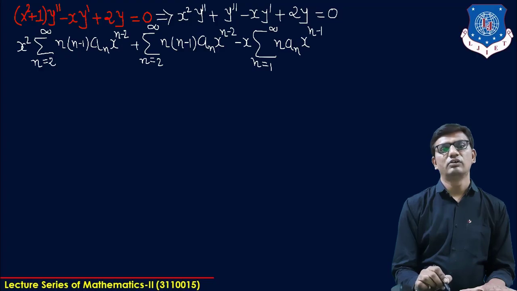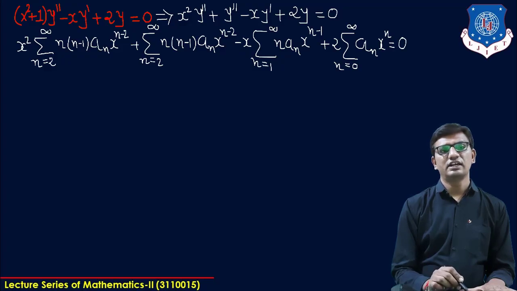This is the value of y′ in summation form, and the last term is 2 Σ (n = 0 to ∞) an x^n = 0.